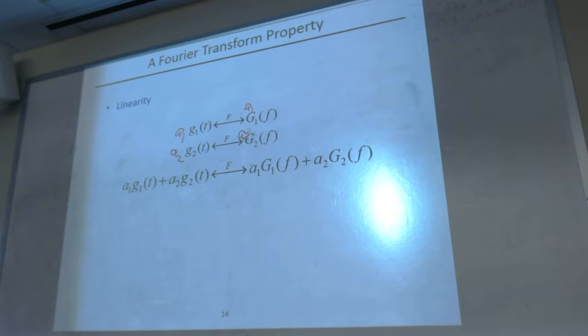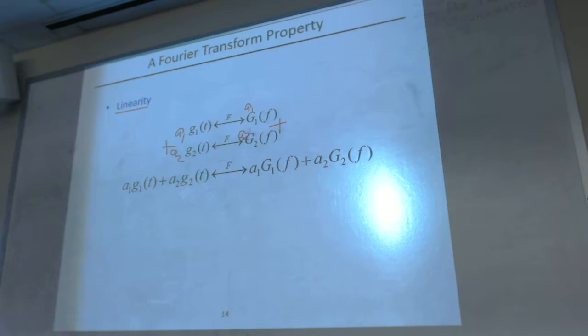So this is called the scalar multiplication property, or scalability, I guess. Multiply by some constant, and the Fourier transform is also multiplied. Now, if I add them in time, they are also added in frequency. So I have A1 g1 plus A2 g2, and the Fourier transform is A1 capital G1 plus A2 capital G2.